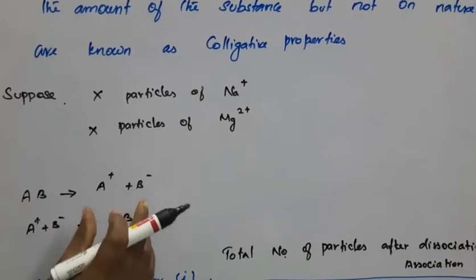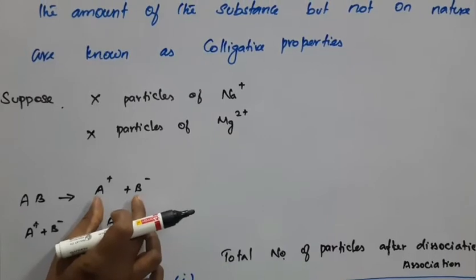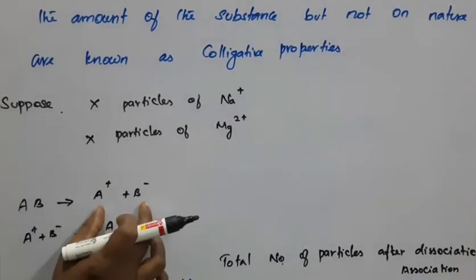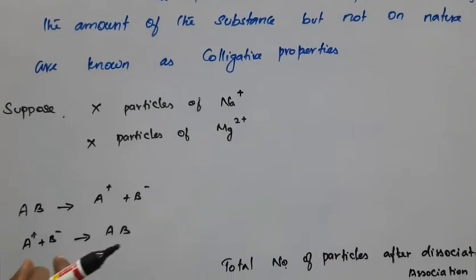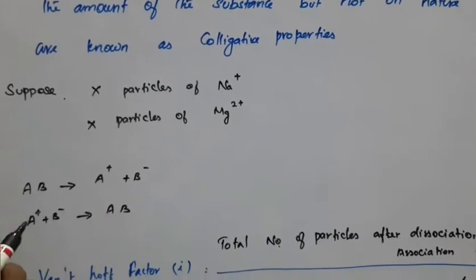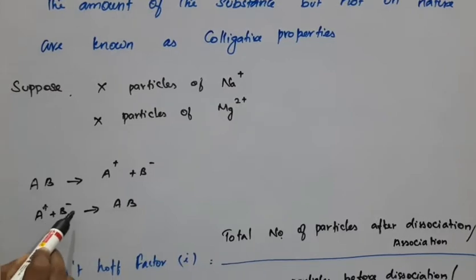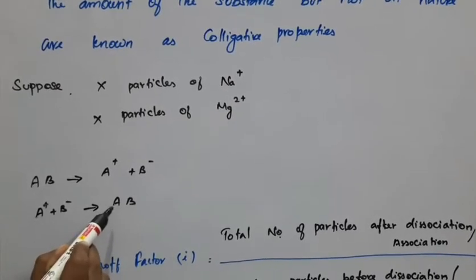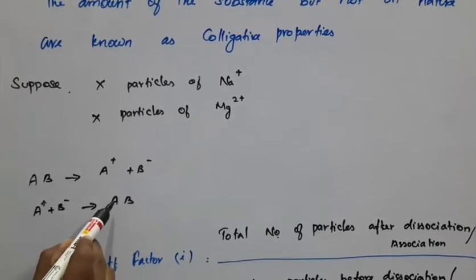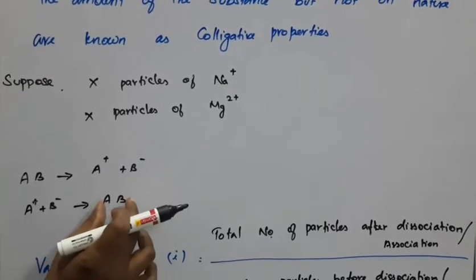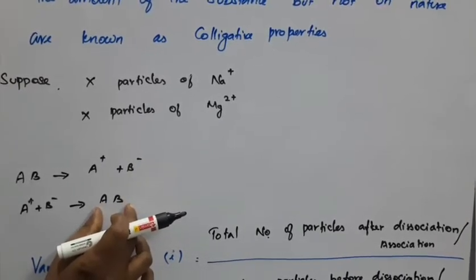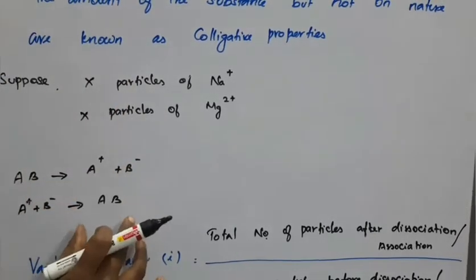The particles are changed, so colligative properties also change. At the same time, A+ combined with B- undergoes association to give AB. Here the particles decrease, so the colligative properties also change.